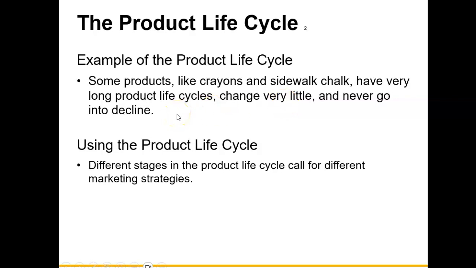So yes, you will always need crayons and sidewalk chalk. Note that these products are not based upon technology, so they tend to have very little difference in their life cycle. Different stages in the product life cycle call for a different marketing strategy.